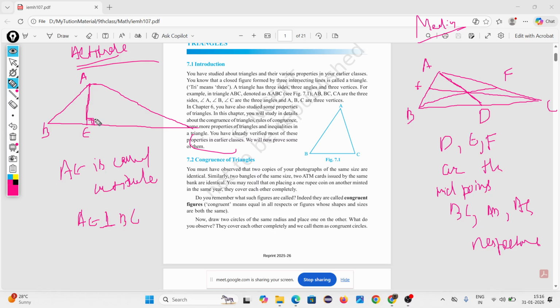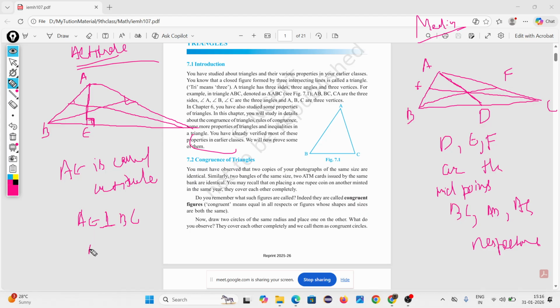It is perpendicular, forming 90 degrees here, and here also. If you draw them, they should connect to each other.